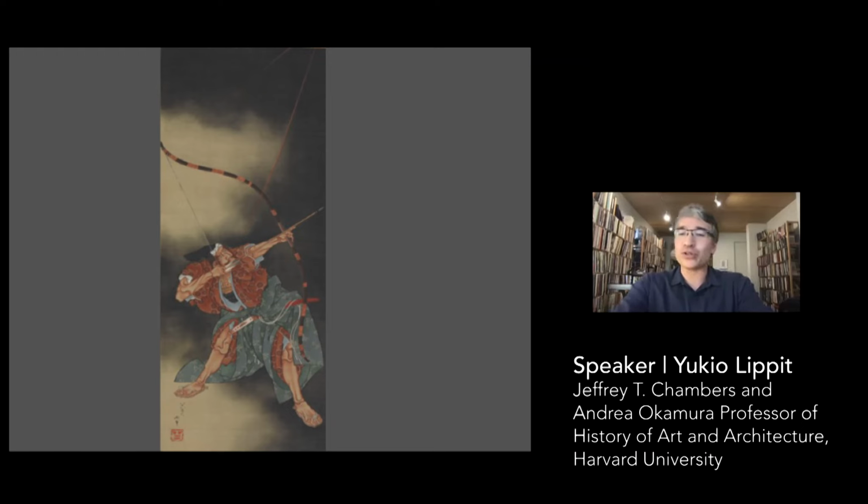For those who know the story a little bit, the bow is a family heirloom, inherited from his father, a great warrior, Yorimasa's father Yoshimitsu. And we know what's to come. This remarkable creature is going to fall from the sky, and there's going to be a battle that ensues on the ground. All of these are lessons of academic history painting that normally in Japanese history we assume come into Japan during the Meiji period.